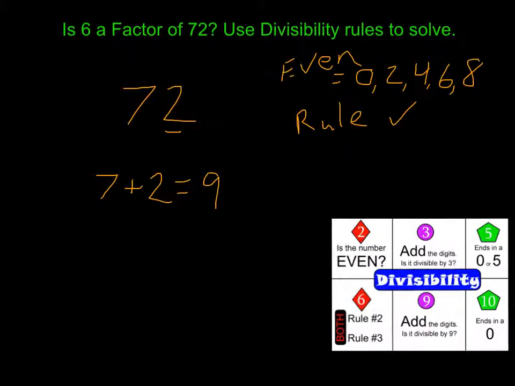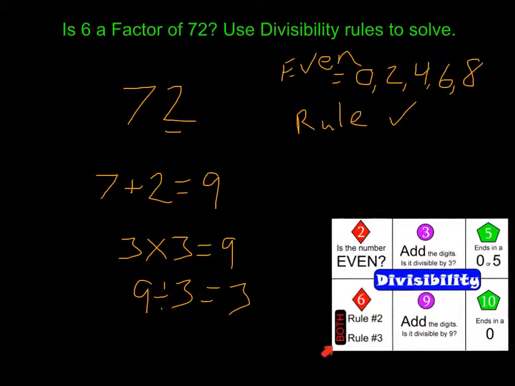Now I know that 3 times 3 equals 9, so that means 9 divided by 3 equals 3. So 9 can be divided by 3, which means 72 can be divided by both of these.